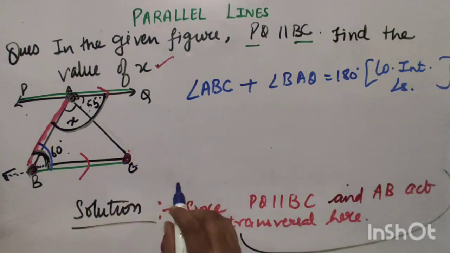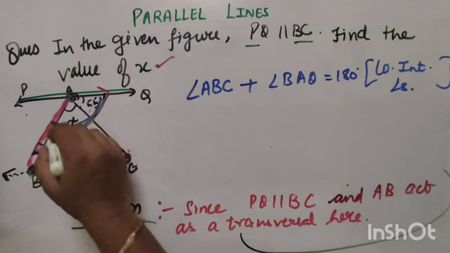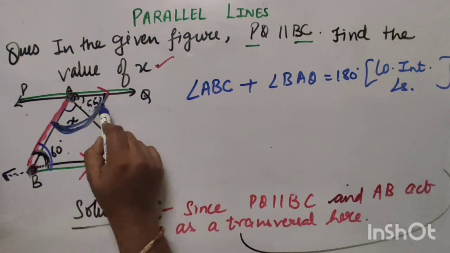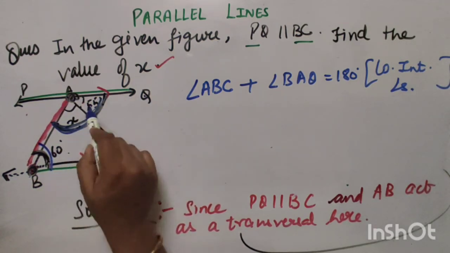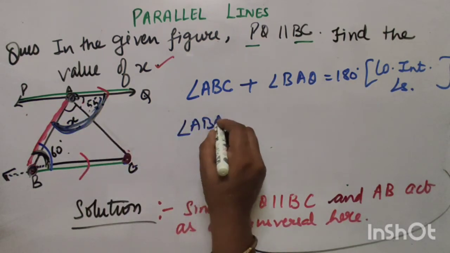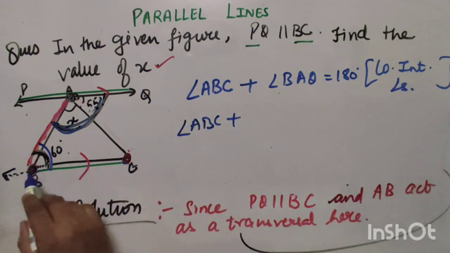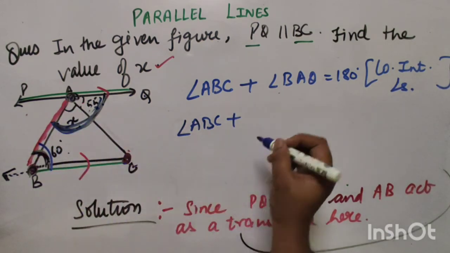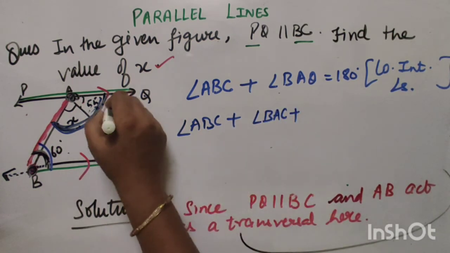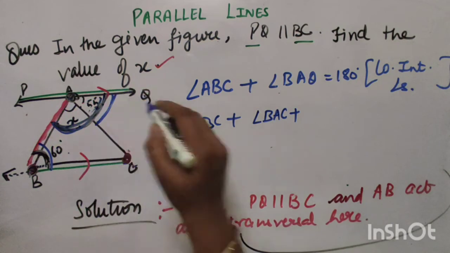Now we can see that this angle BAQ has been divided into two parts. One part is x, another part is 55. So let us write it in two parts: BAQ. One part will be x, so x is BAC. So we will write angle BAC, and another is 55, it is CAQ.